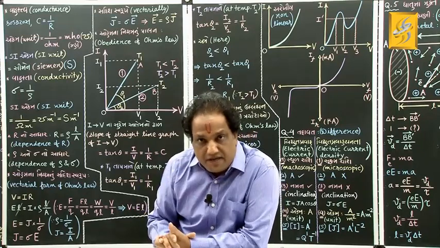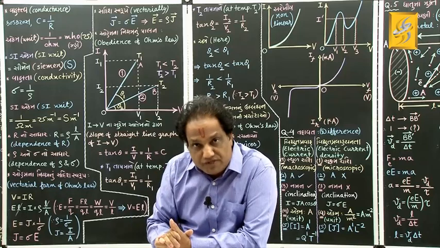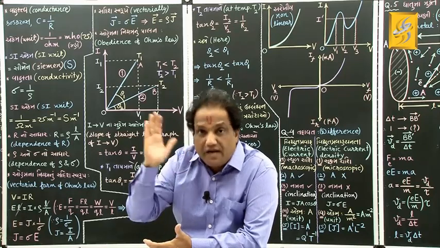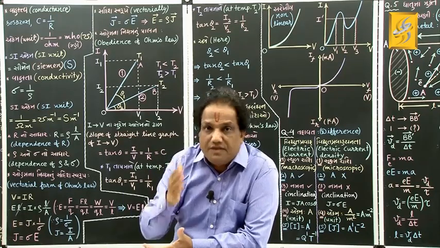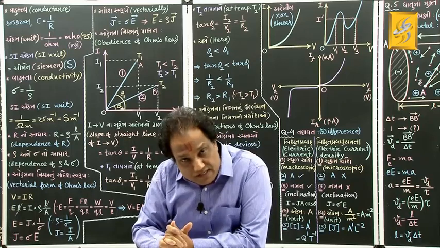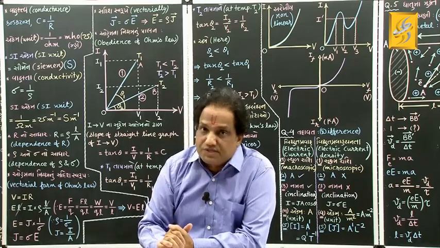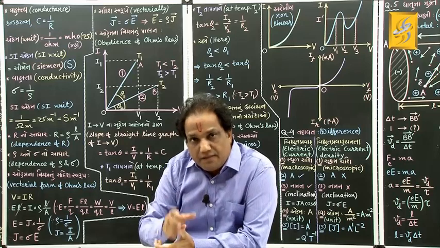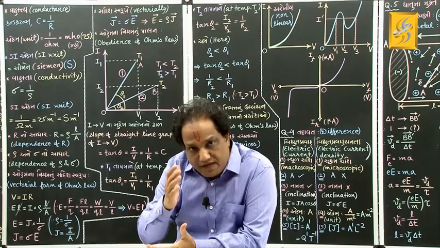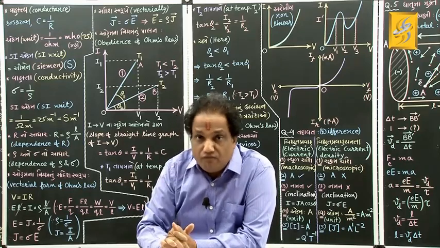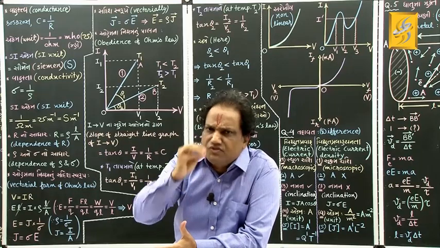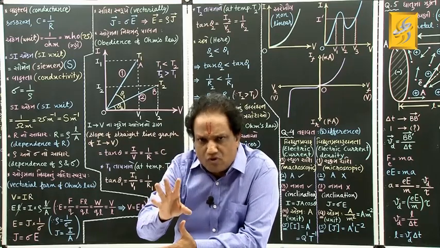First category is of those elements which have maximum electrical conductivity. They are called good conductors, which are none but metals, correct?